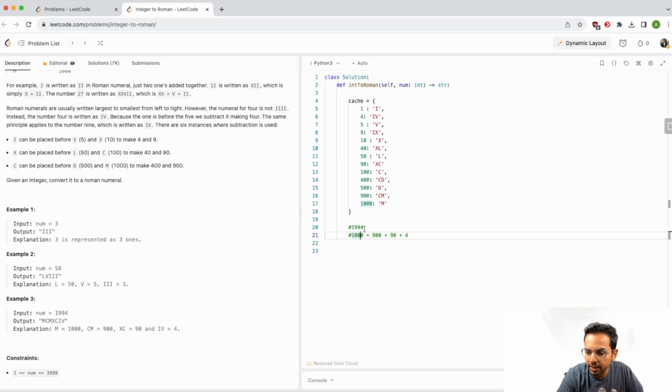What we can do is actually check what's the closest number it could come out to, and if we have that number in the cache. What do I mean? So say 1994, what is it close to? It definitely is closer to 1900. So what we could do is try subtracting all this and then start representing it line by line.